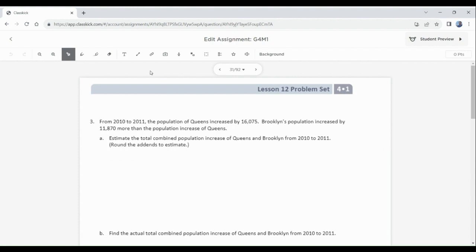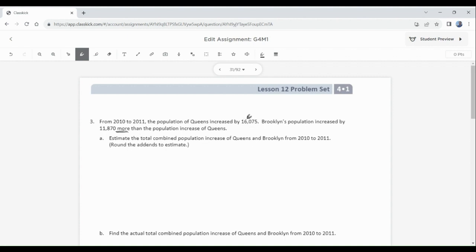Number 3, from 2010 to 2011, the population of Queens increased by 16,075. Brooklyn's population increased by 11,870 more than the population increase of Queens. So that same exact verbiage, more than the population increase of Queens.